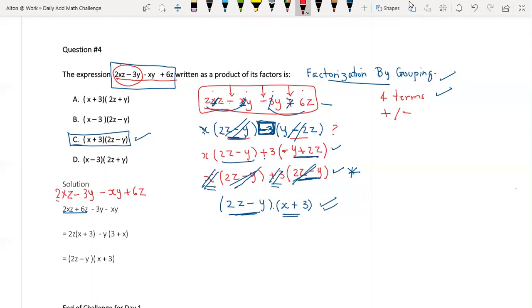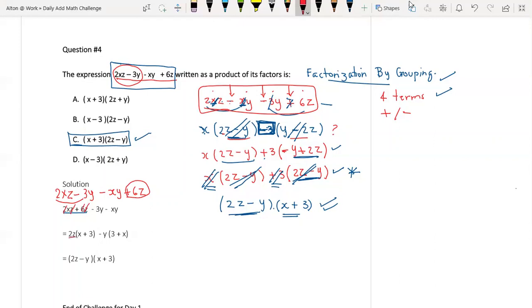Now, if you attempt to factorize these terms, there is no common letter, no number that we can factor out. Now, in the first problem, I had rearranged and I had written 2xz minus xy. In this solution, you can bring your plus 6z close to the 2xz, and in doing so, are you seeing how you can factor out z as well as 2 can go into this and 2 can go into this, and that's what I did here.